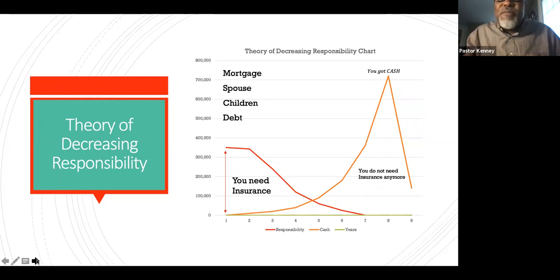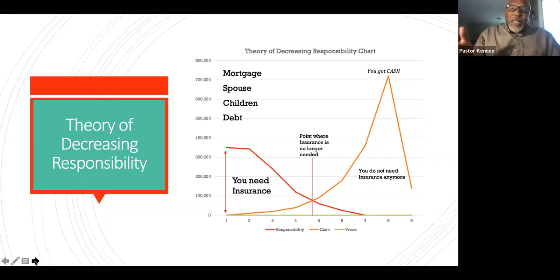So why do you need insurance anymore if you have the cash? The whole reason you got insurance was to provide that income replacement that you would have needed had you died prematurely. But fortunately, you didn't die. So if you live long enough, and you invest and save, you will have income in your later years. Okay, I'm moving on to the next slide.